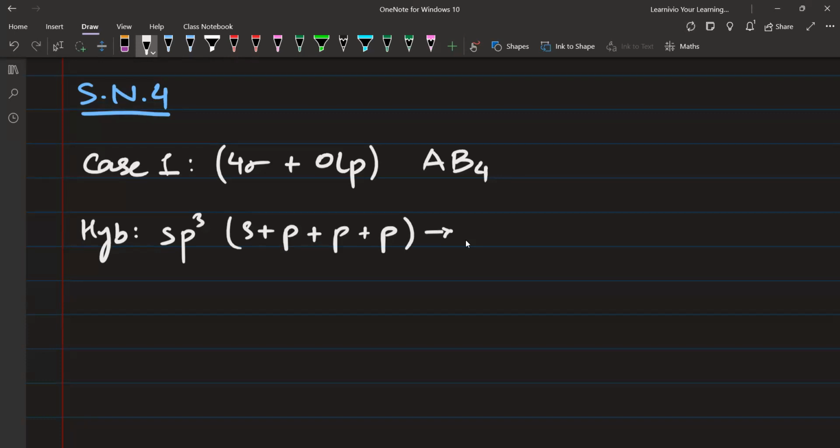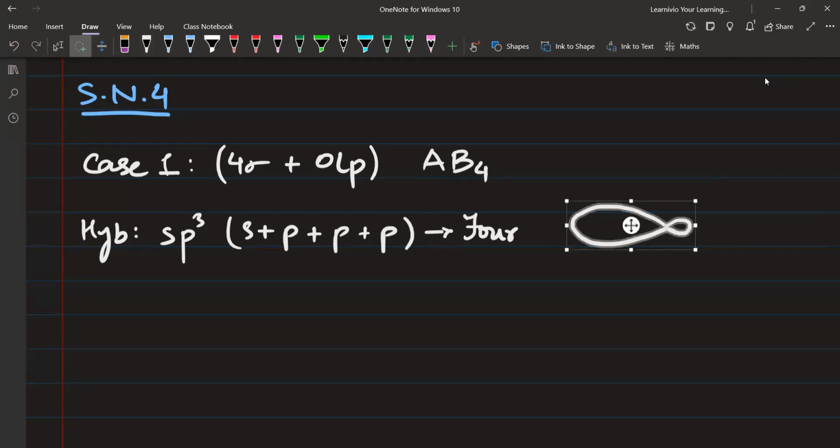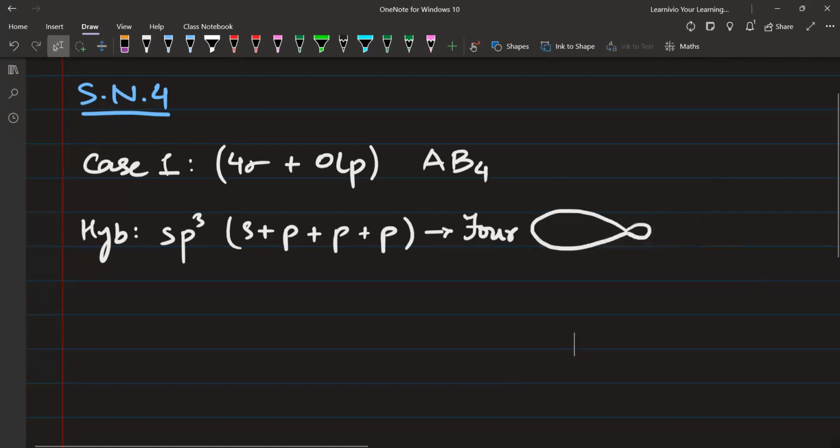4 hybrid orbitals. The hybrid orbital is going to look very similar to the sp and the sp2 type. So this is the hybrid orbital. And when we mix them up, we are going to have 4 balloons, can you imagine? You have tied together 4 balloons.